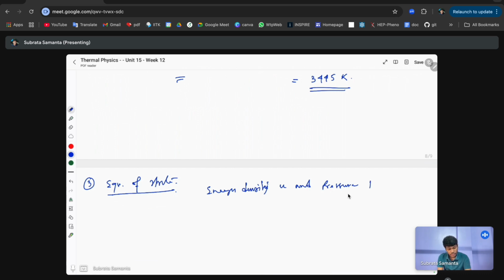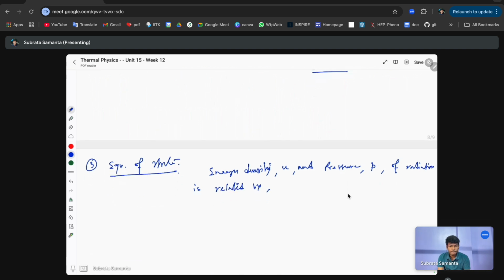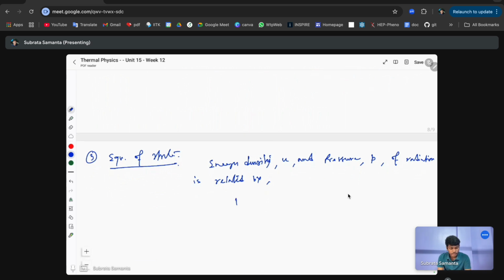The small p is the pressure, and the capital P is the power. The pressure of radiation is related by small p equals U over 3, so 1/3 U, right?